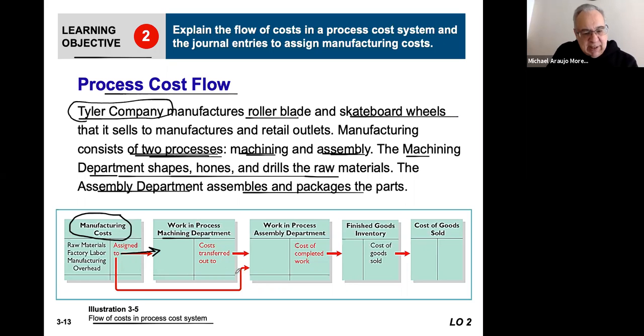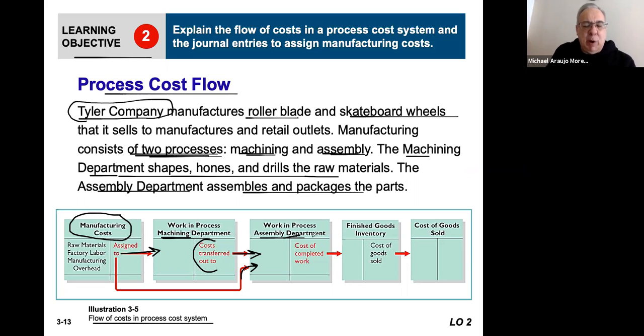But we also have to assign the appropriate amount over to the assembly department as well. Normally speaking, because you need to do the machining first, then the assembly second, whatever the machining department completes will need to be transferred over to the assembly department as well. So it's a little bit of an interesting flow.